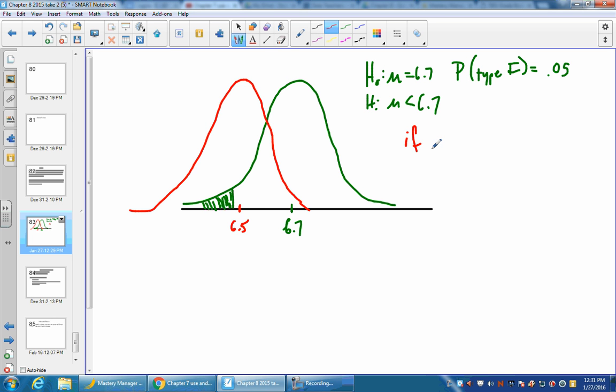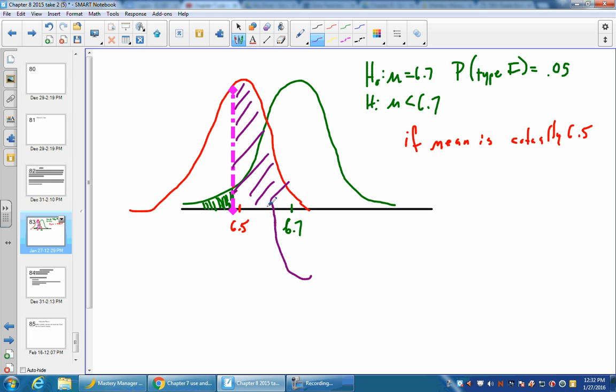So if the mean is actually 6.5, we'll get some variation like this. It would be normally distributed, where you get some values above and some values below. Now if I drew a vertical line straight down here, maybe in pink, the probability that I fail to reject the null when the mean is really 6.5 is over here.